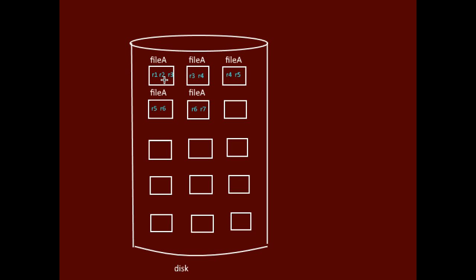Then we should also decide how to arrange the records within each file, whether the records should be ordered or sorted based on some attribute or should it be unordered.